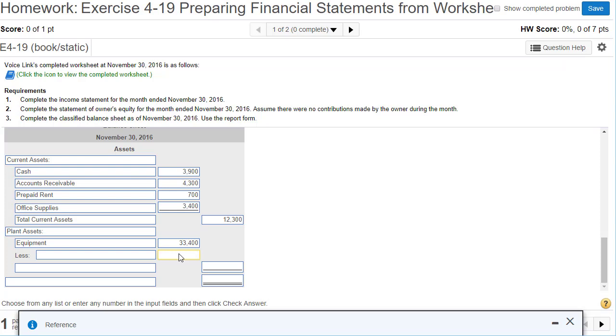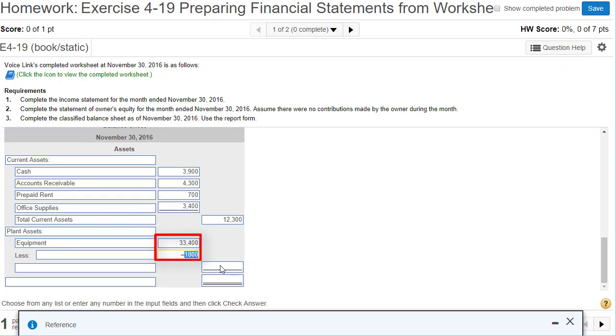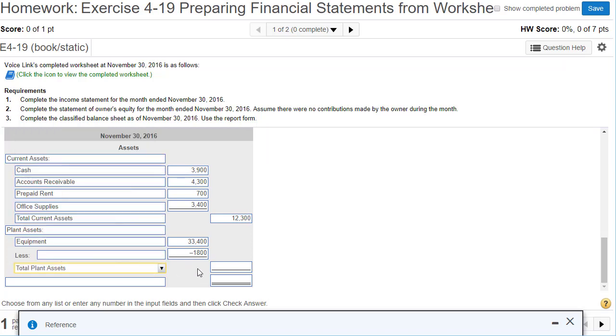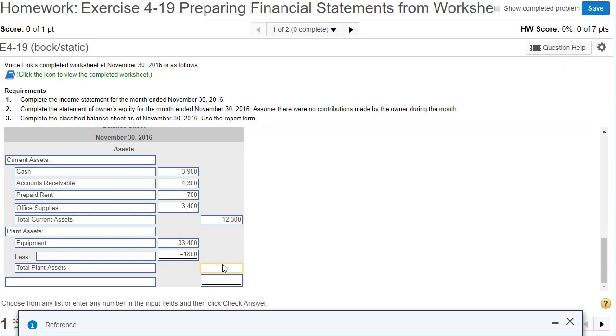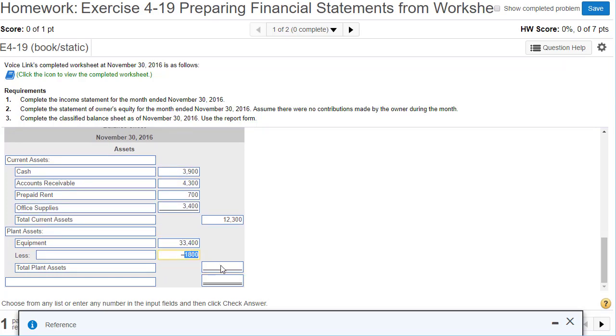I'm going to put that as a minus to remind myself to subtract. You can use parentheses also. So when I take 33,400, subtract 1,800, we get our book value, also known, in this case, since there's only one plant asset, as our total plant assets. So 33,400 minus 1,800 gives me 31,600.